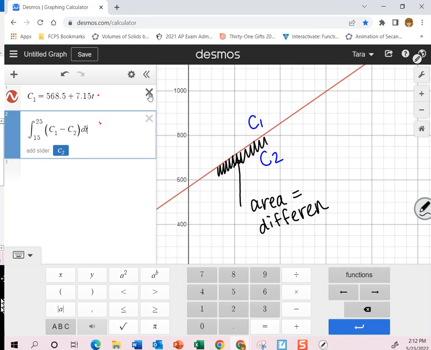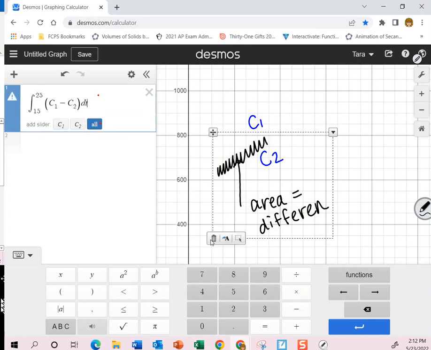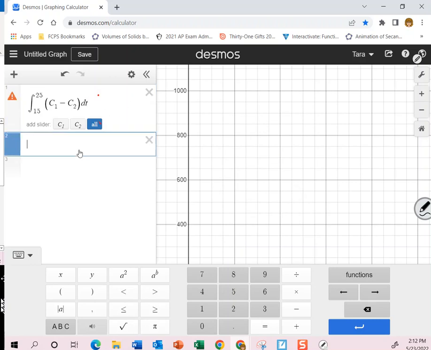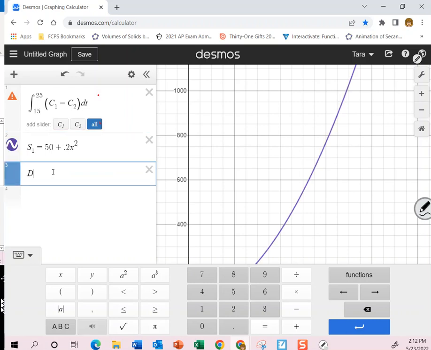Okay. If we go to Desmos, let's clean all that off of there. We'll number the supply, 50 plus 0.2 x squared, and demand is 100 minus 0.1 x squared.